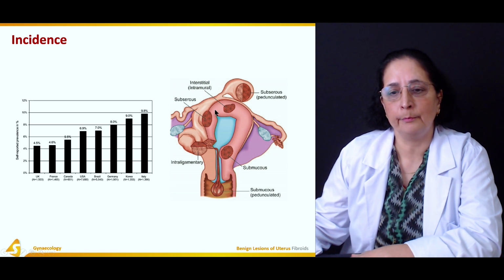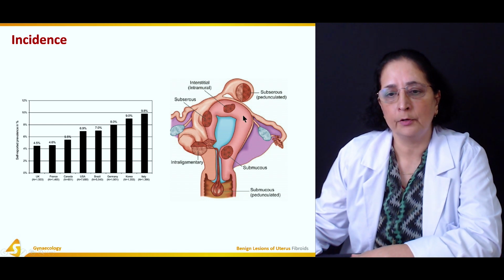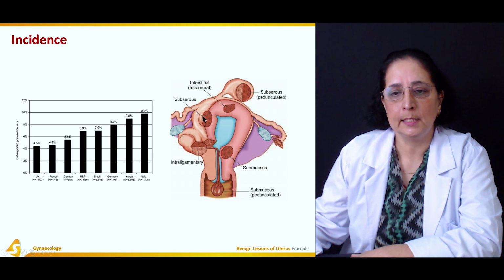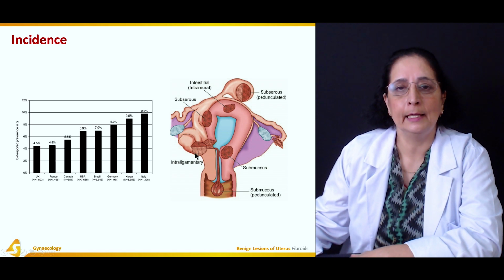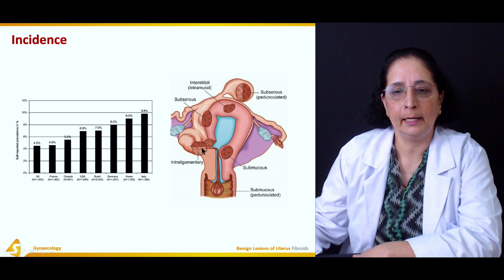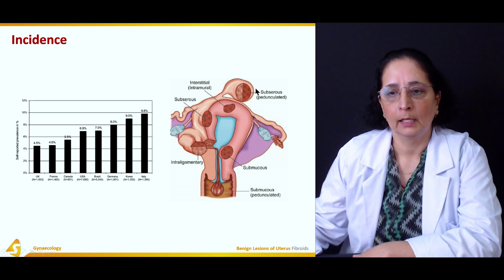Interstitial or intramural are present inside the wall, intramural, below the mucosa. Below the serous layer, subserous. Intraligamentary, this is inside the ligament. And this is the subserous pedunculated.